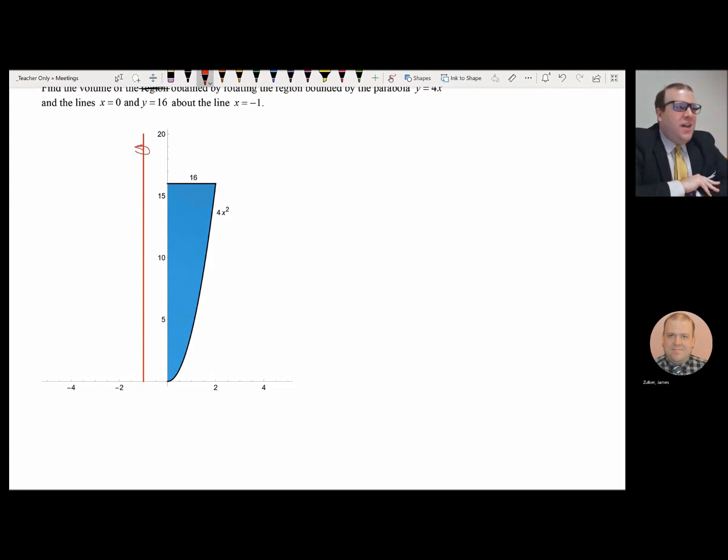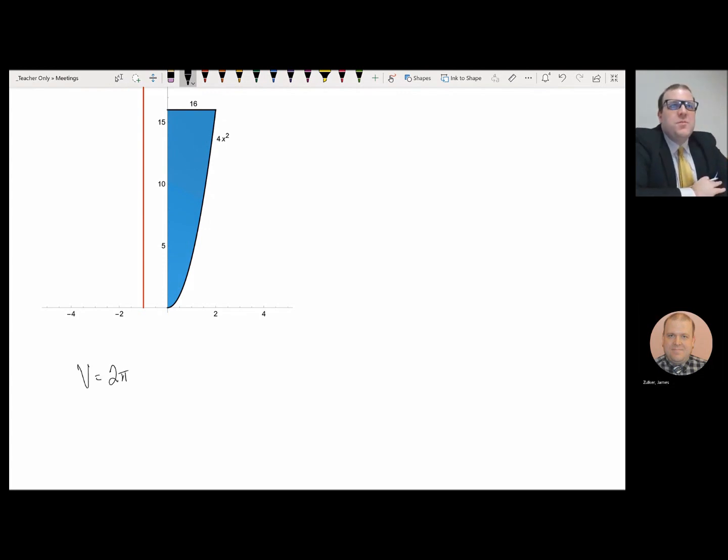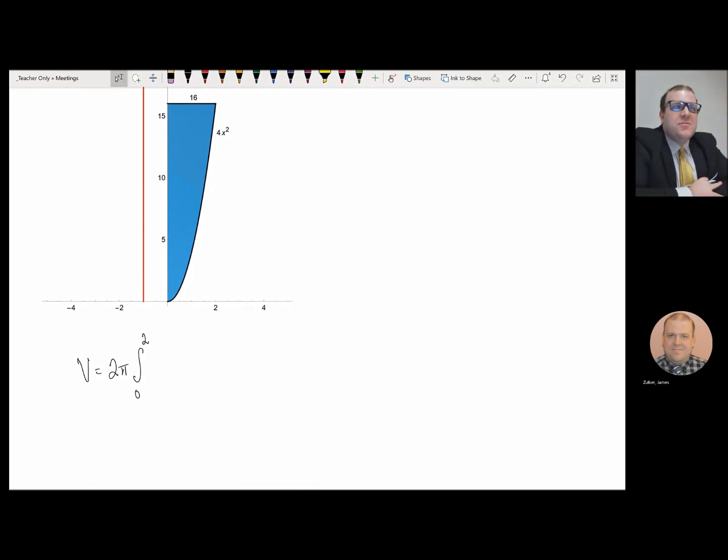And so it's being rotated about that line. The volume's 2 pi integral from 0 to 2. Radius.